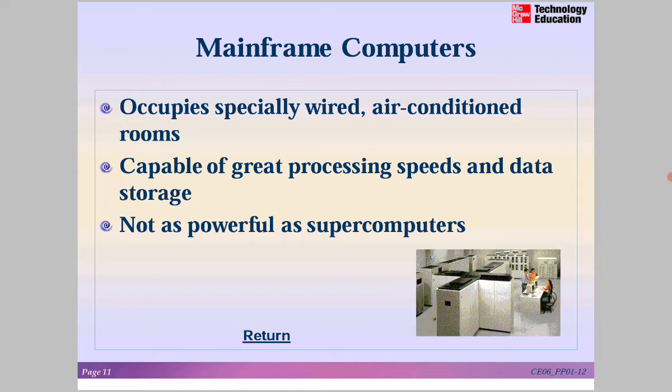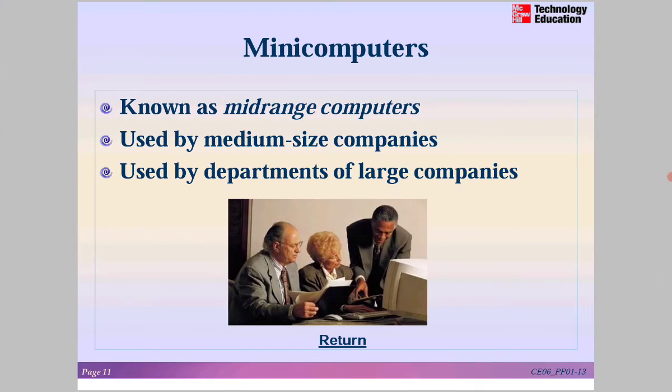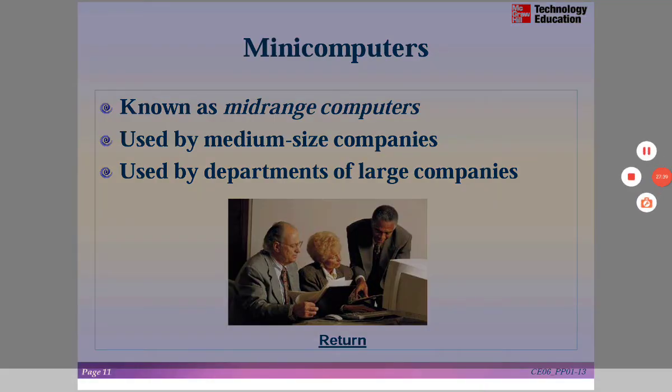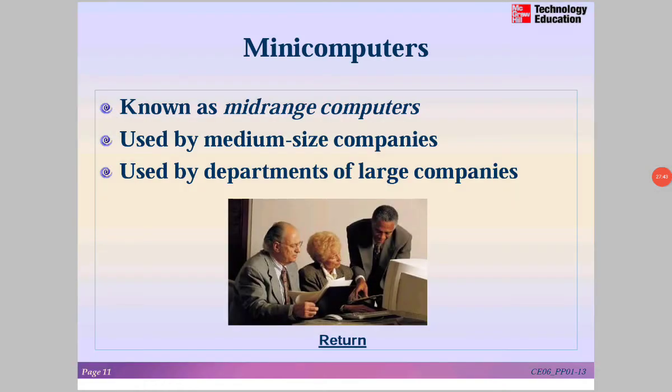Generally they are kept in air-conditioned rooms, with high processing speeds and high data capacities or memories. Another is minicomputers. Mini means above the micro, also known as mid-range computers, used by medium-sized companies and departments.